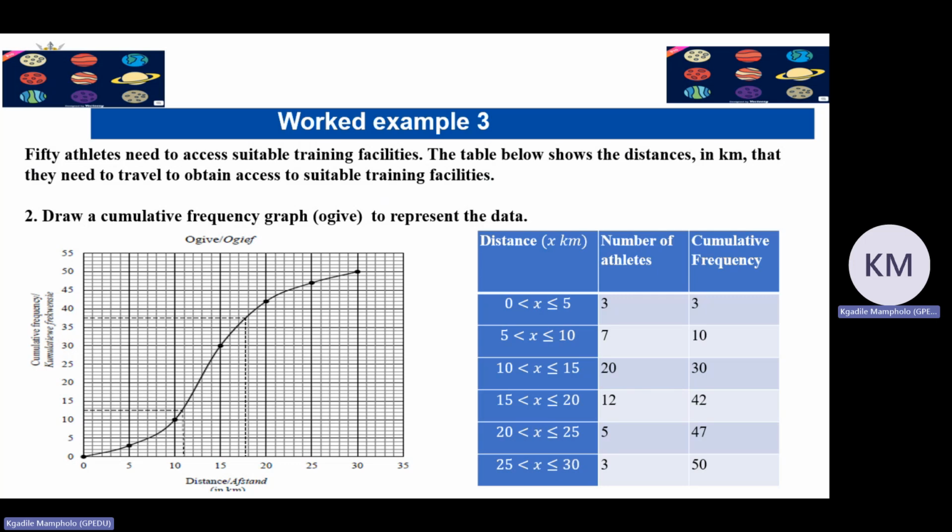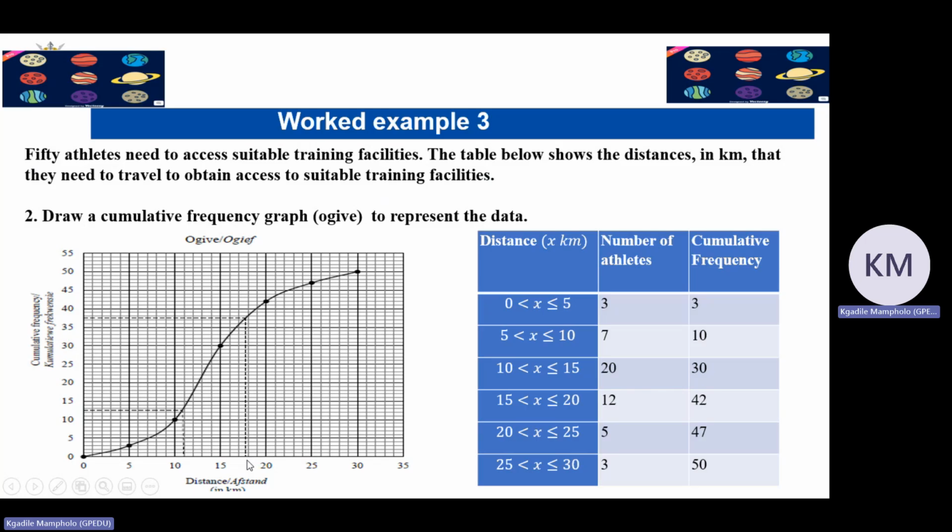Then it's 37,5. Then we draw the horizontal line. When you get to the graph, then you draw the vertical line. You'll find that you get something like 17 as your upper quartile. For the lower quartile, what is a quarter of 50, which is 12,5. Then you draw the vertical line. You find that it is 11.